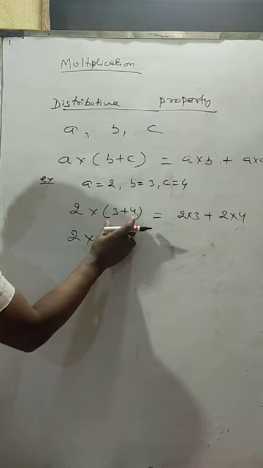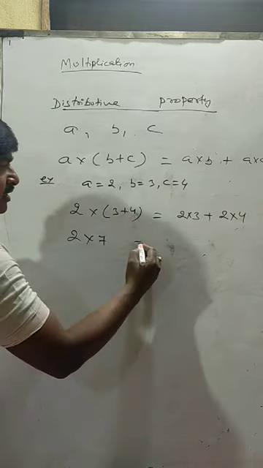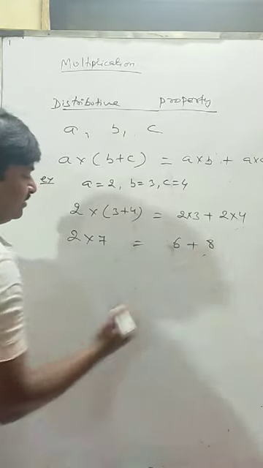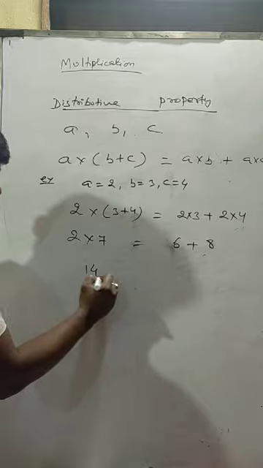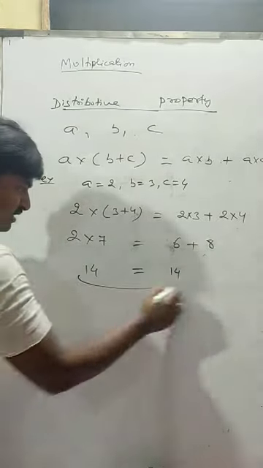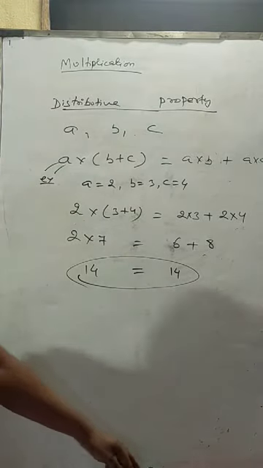Do the bracket work first: 3 + 4 is 7. 2 × 7 is 14. And 2 × 3 is 6 plus 2 × 4 is 8, and 6 + 8 is 14. These both are equal. Therefore, this property is verified.